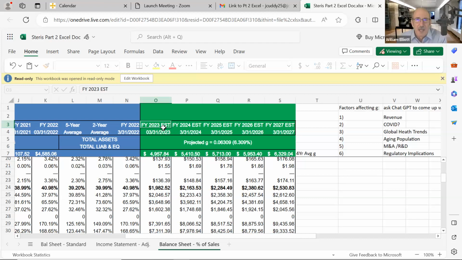Now, here's another weird nuance with companies that have different fiscal year ends than December 31: usually they will reference the fiscal year as the year where most of the months occur. I don't know if this is how Steris does this.